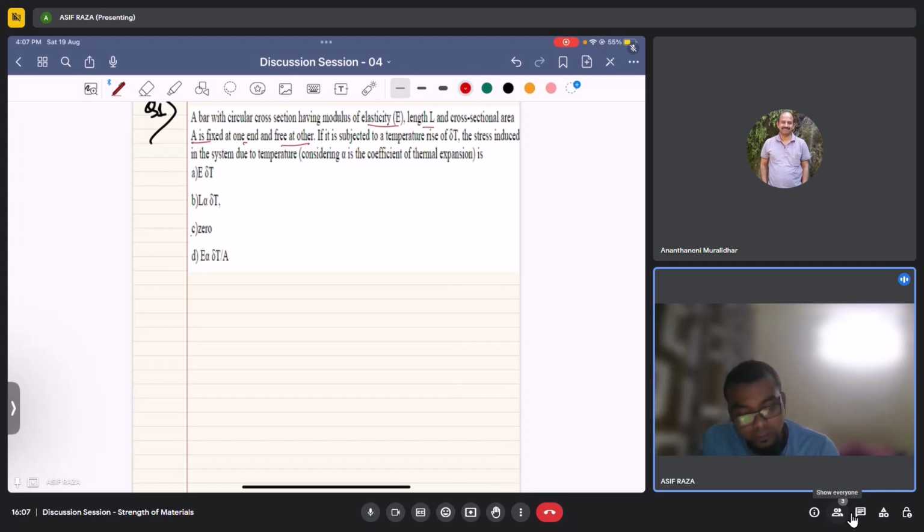If it is subjected to a temperature rise of delta T, the stress induced in the system due to temperature, considering alpha is the coefficient of thermal expansion, is option A: E delta T, option B: L alpha delta T, option C: 0, and option D: E alpha delta T upon A.